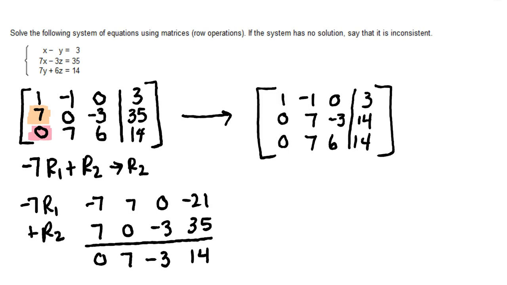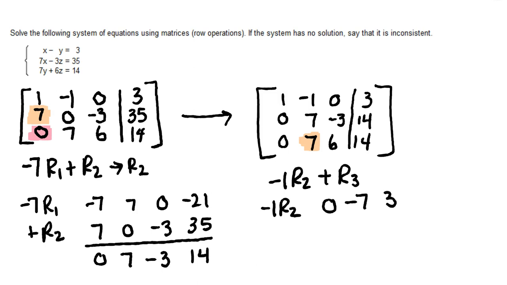So the next thing I want to focus on is getting a 0 in this position here. And to do that, I need to do negative 1 times row 2 plus row 3. Negative 1 times row 2 is 0, negative 7, positive 3, and negative 14.